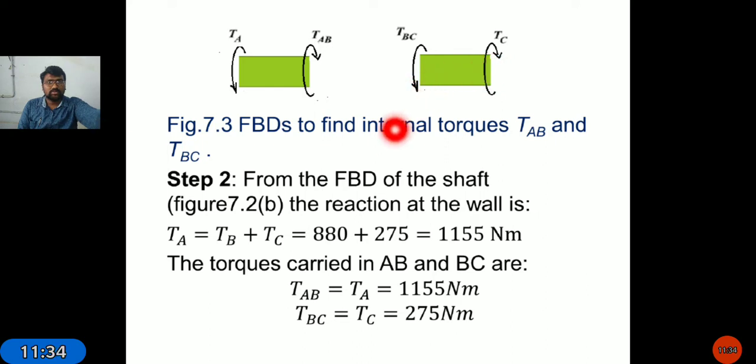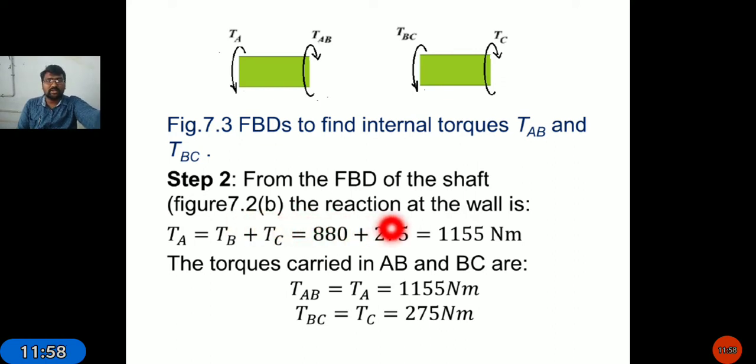Now we need to calculate the torque developed at point A. The torque developed at A, the fixed end, is the resistance torque. So whatever the amount of torque applied at points B and C equals the torque developed at point A. So TA is equal to TB plus TC.